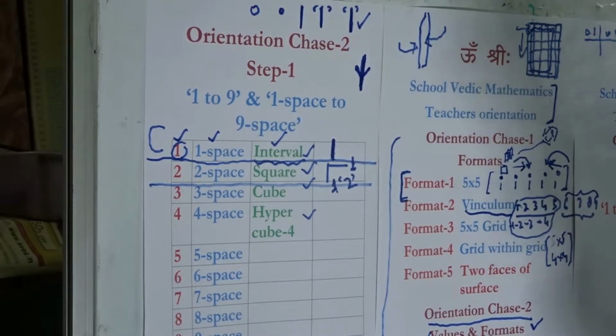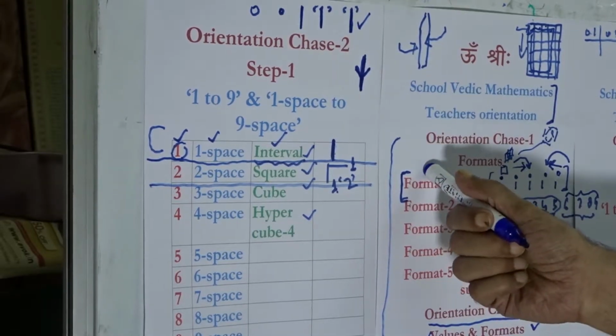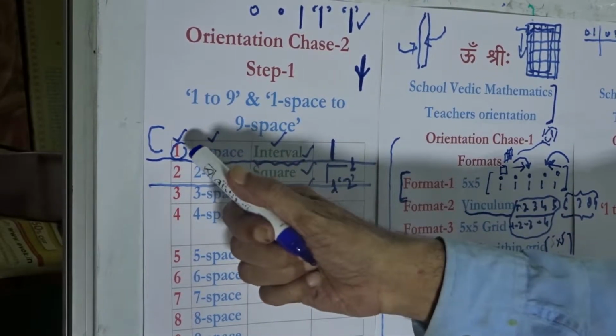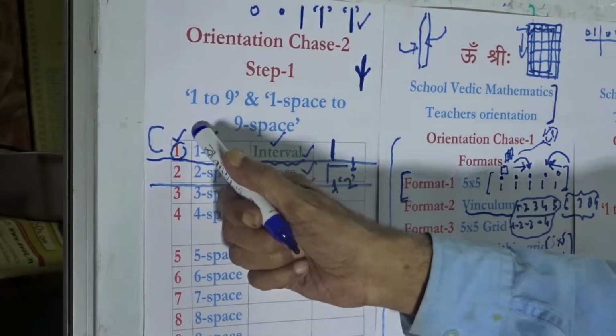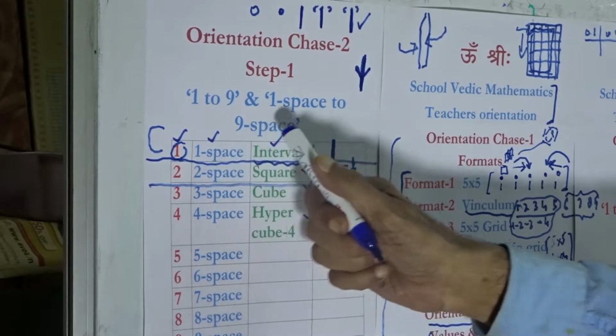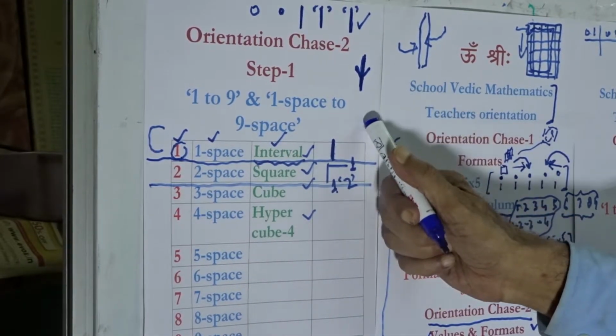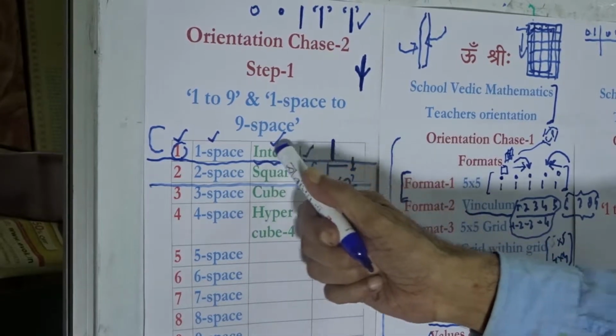It is in terms of this step forward that, when we are successful, when we say one and we say one space, then there should be an association. When we say one space and a line, there should be an association. When we say one line and we say interval, there should be an association.